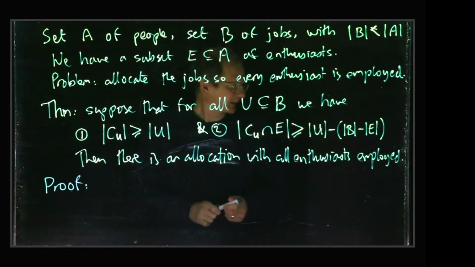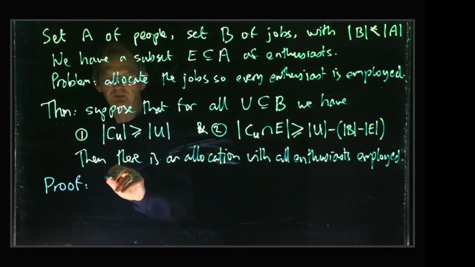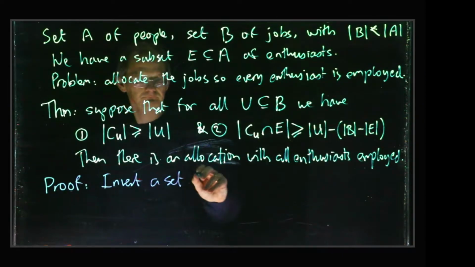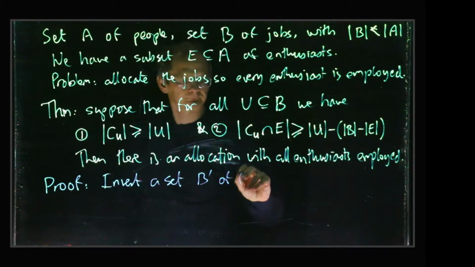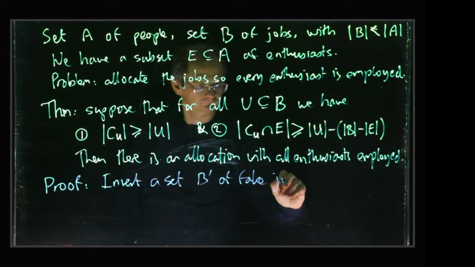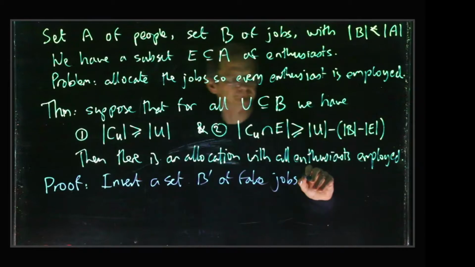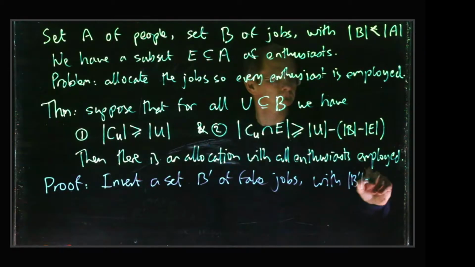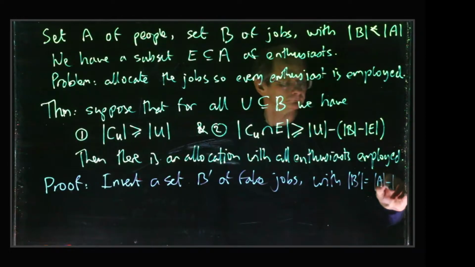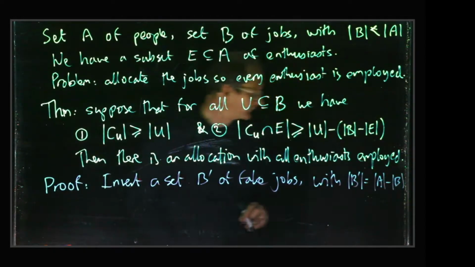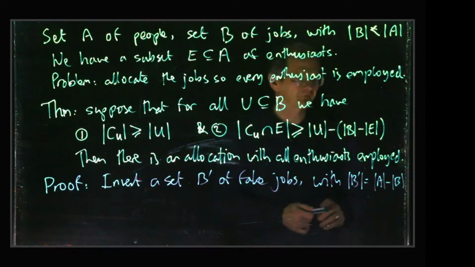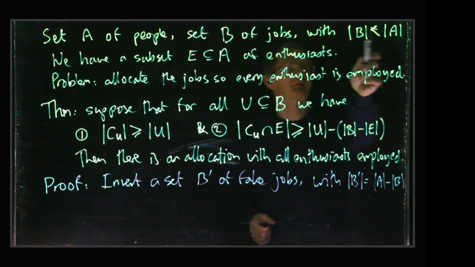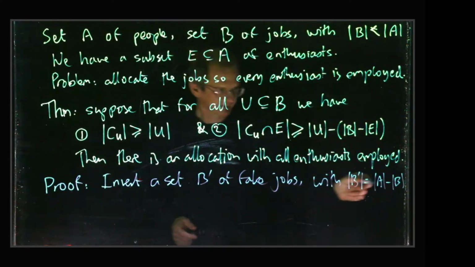So the way that we set up this new problem is we invent some fake jobs. Okay, so we've got these fake jobs, and the number of them is size of A minus size of B. Remember, size of A was bigger than the size of B, so this number here is positive.